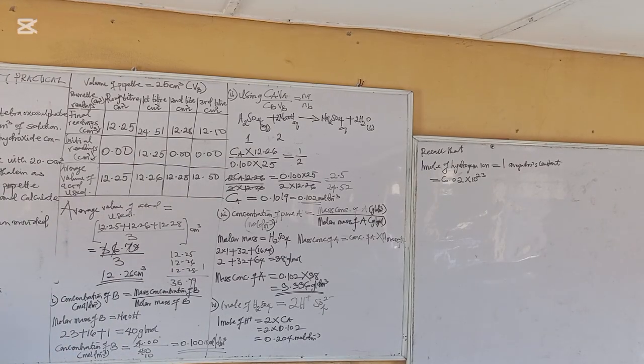Avogadro's constant is equal to 6.02 times 10 raised to power 23. Yes, they call it Avogadro's constant.